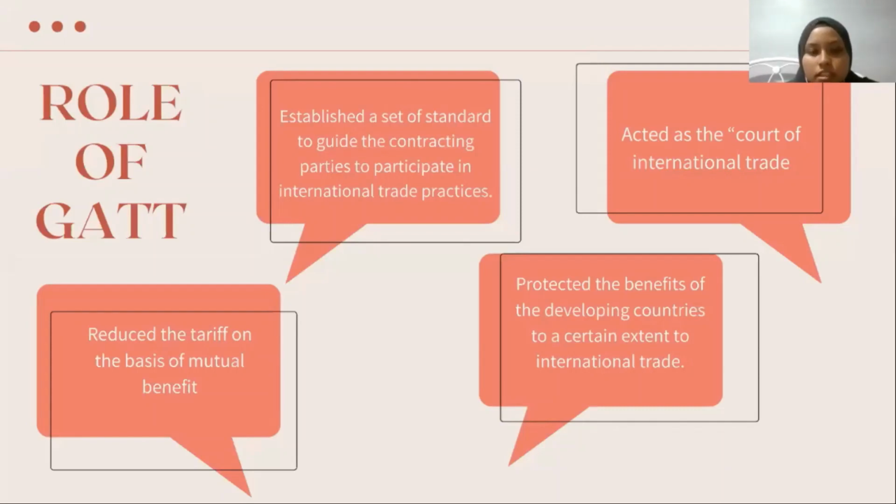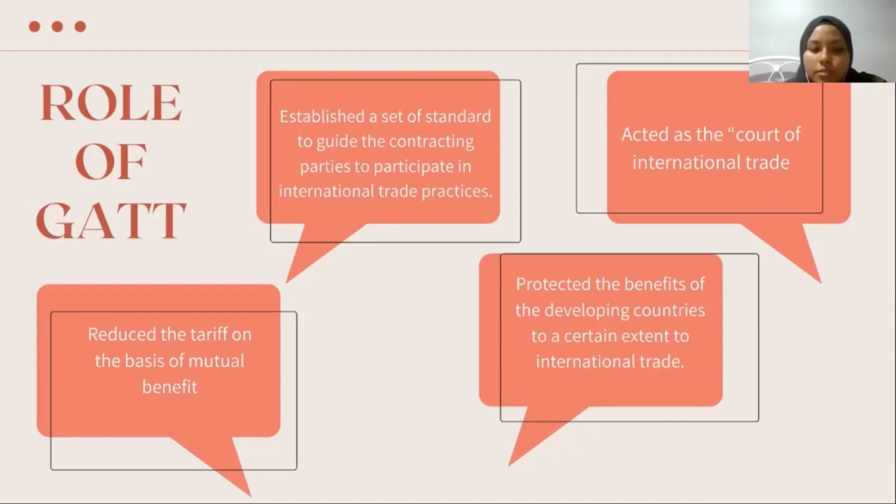GATT stipulated several basic principles to guide the contracting parties in international business, such as general most favored nation treatment and general elimination of quantitative regulation. Every contracting party should obey these basic principles when involved in trade relations. The next one is to reduce tariffs on the basis of mutual benefit. GATT's major contribution was to reduce tariffs by sponsoring rounds of multilateral negotiation, which led to a significant reduction of tariffs.